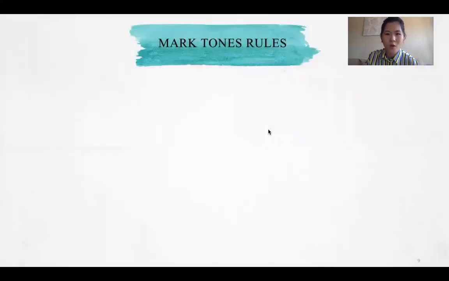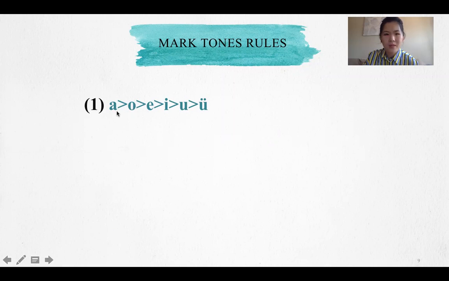Basically, all the vowels are combined from the 6 basic vowels, right? We learned about it. A, O, E, I, U, Ü. And when you see a combination of these vowels, you mark the tones depending on the order of this one.